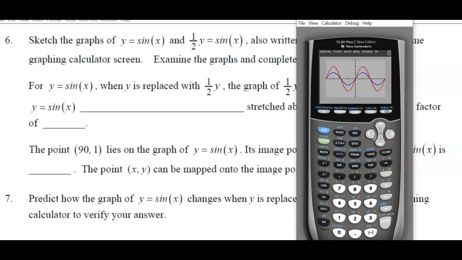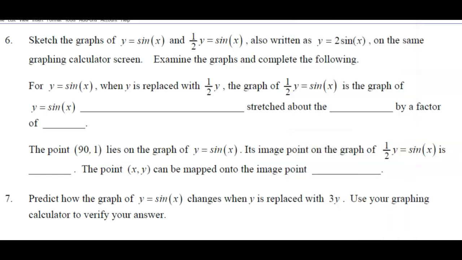We've already done all this fractal stuff. But the x-intercepts don't change. In this case, the y-intercept doesn't change either. That's only because it's through the origin. Okay, so this is vertically stretched about the x-axis by a factor of 2.